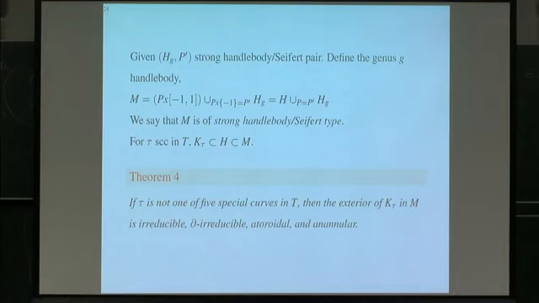And I'm claiming that, because we glued along this very complicated three-punctured sphere, the resulting knot will be hyperbolic. Its exterior will be irreducible, boundary irreducible, atoroidal, and anannular. And again, that's because we chose a complicated three-punctured sphere to glue along that busts up any special surfaces.